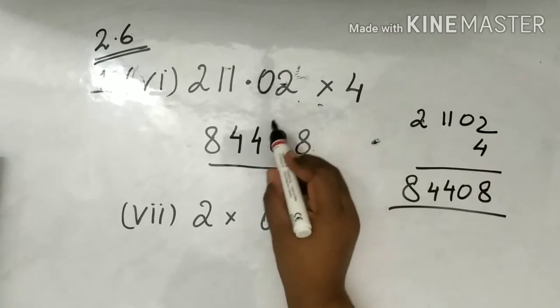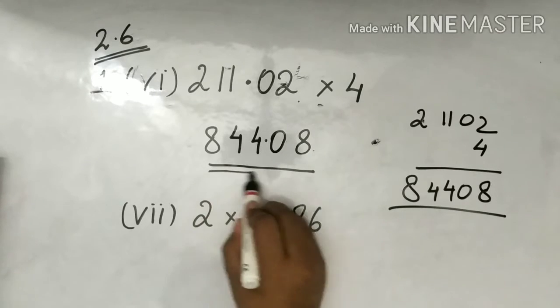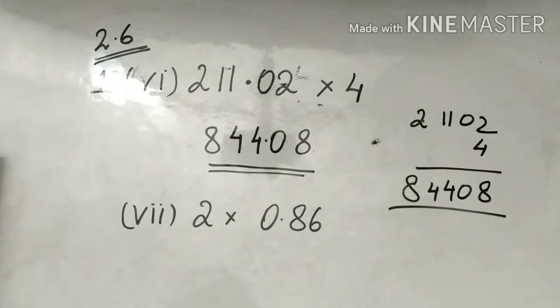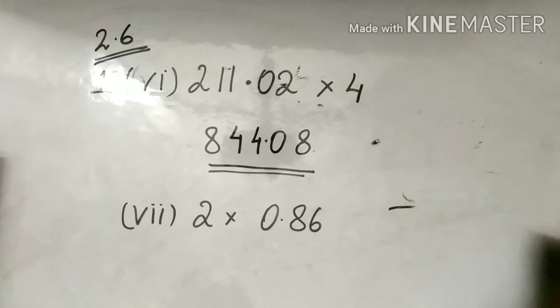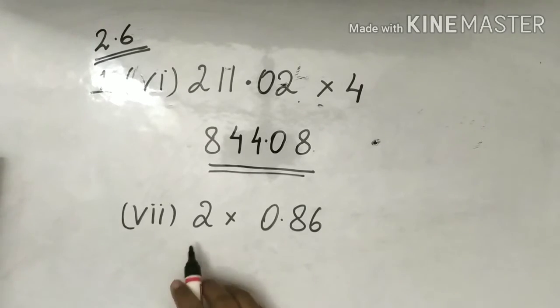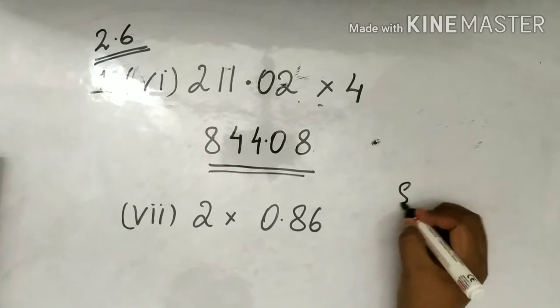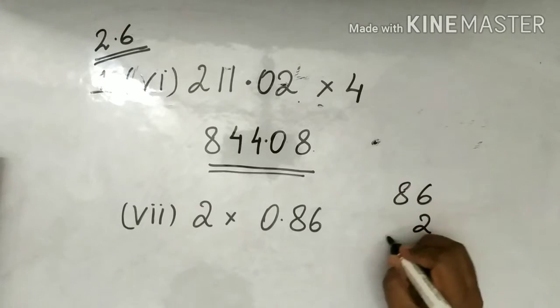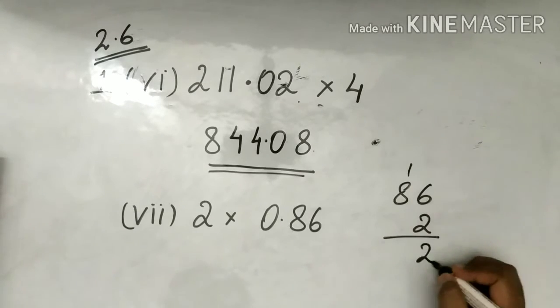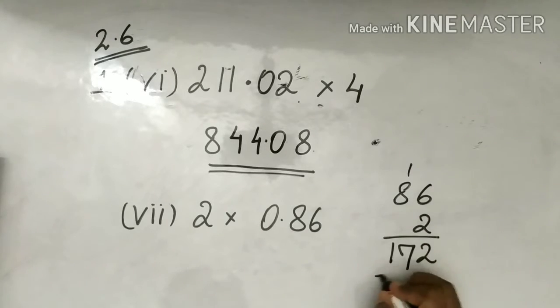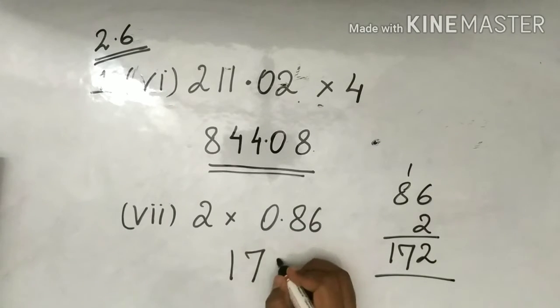So we'll move it 2 times, and the answer will be 844.08. Right? Similarly, in this question, we have 2 into 0.86. So we'll multiply 86 into 2. Right? 12, 17, and then 172.